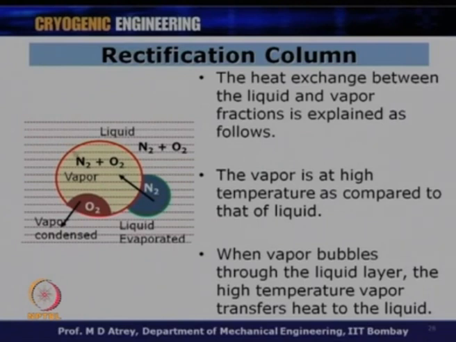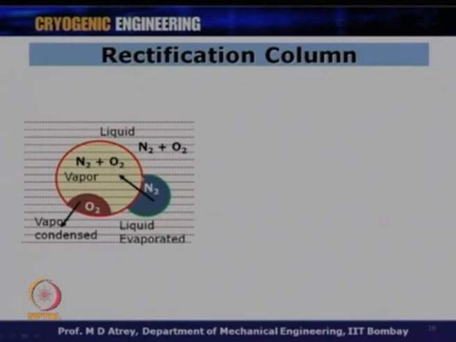Now, this vapor comprises nitrogen and oxygen vapors combined together. At the same time, the liquid also comprises nitrogen and oxygen, depending on the mole composition of the liquid at a particular plate and the mole fraction of the vapor below that plate. So, what is going to happen because of the heat transfer between the vapor and the liquid?